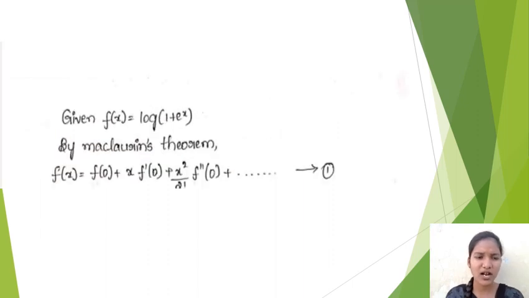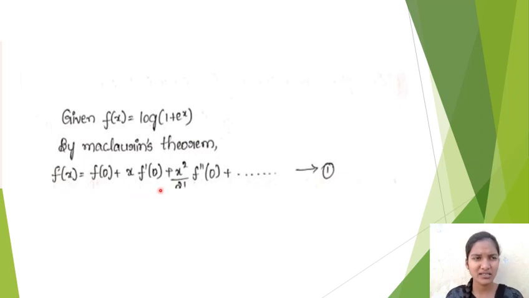So first we have to write the given f(x), that is log(1 + e^x), using Maclaurin's theorem. This is the formula of Maclaurin's theorem: f(x) = f(0) + x f'(0) + x²/2! f''(0) and so on.